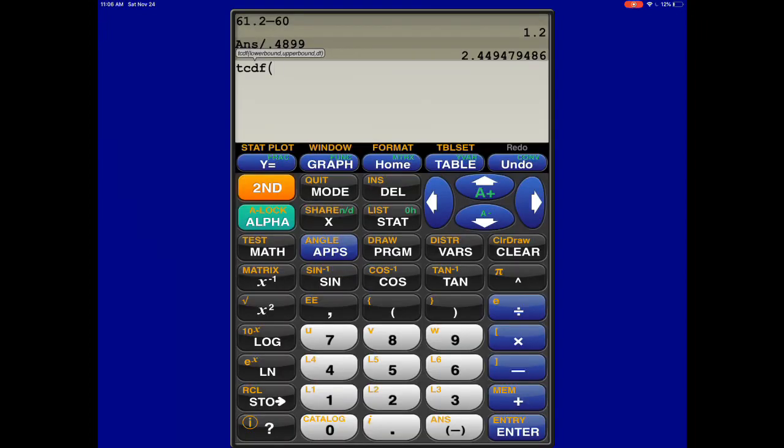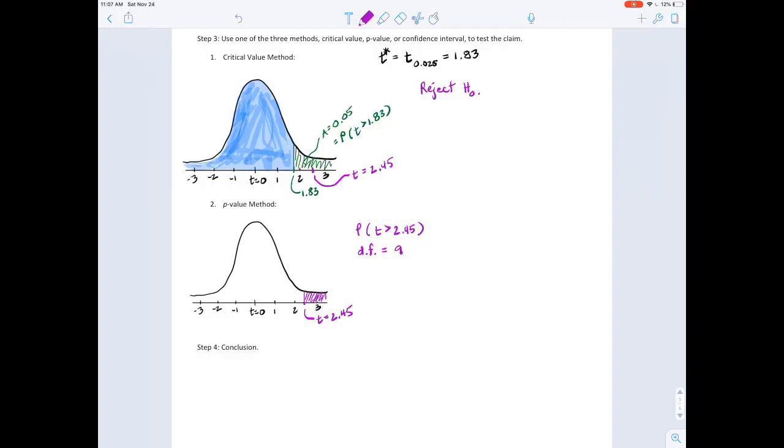So it's a greater than, so in this one, I'm going to put 2.45 and then just a really big number. And then I'm going to put degrees of freedom of 9. And so our p-value is 0.018.